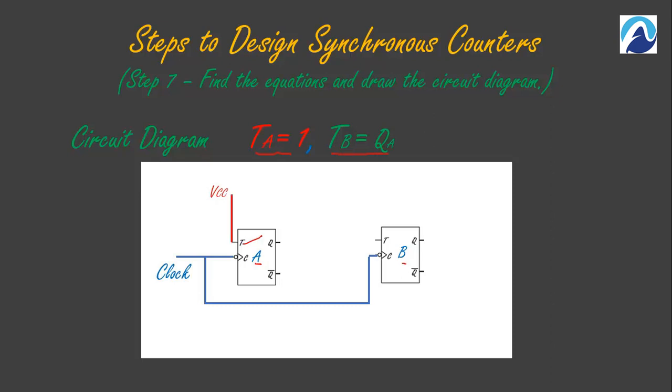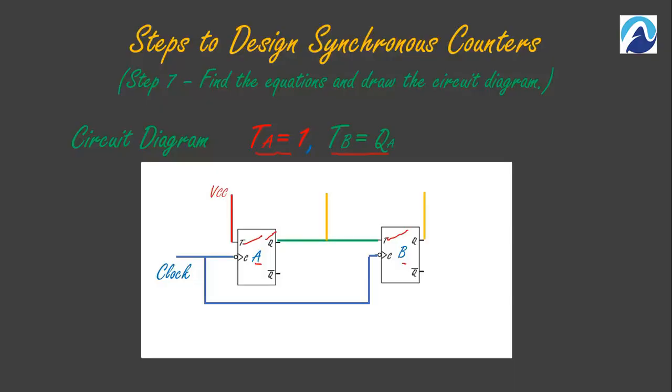And if TB is equal to QA, it means the output of flip-flop A, which is QA, needs to be connected with the input of flip-flop B, which is T. Now we can take the final output of this counter circuit from QA and QB.